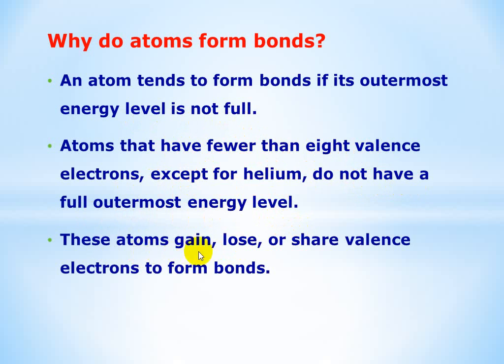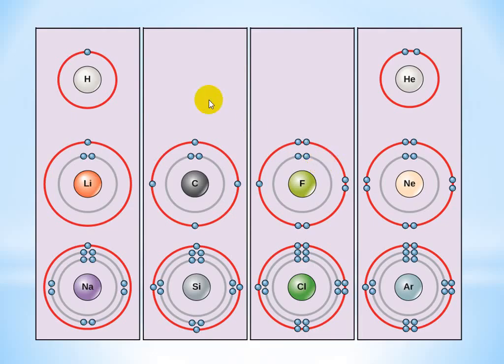So, these atoms can gain, lose, or share valence electrons to form bonds to complete their outermost energy level with 8 electrons. So, why do atoms form bonds? To reach the noble gas, to be similar to noble gas, which has 8 electrons in the outermost energy level.